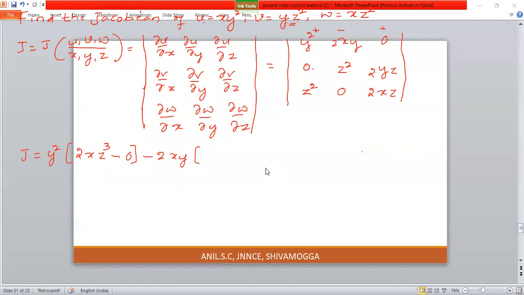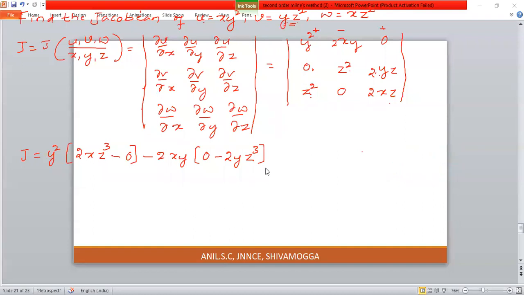We get a 2 cross 2 determinant like this: 0, 2yz, z square, 2xz. Leaving the 2xy column and 2xy row, left top to right bottom, 0 into anything is 0, minus 2yz into z square is 2y z cube.